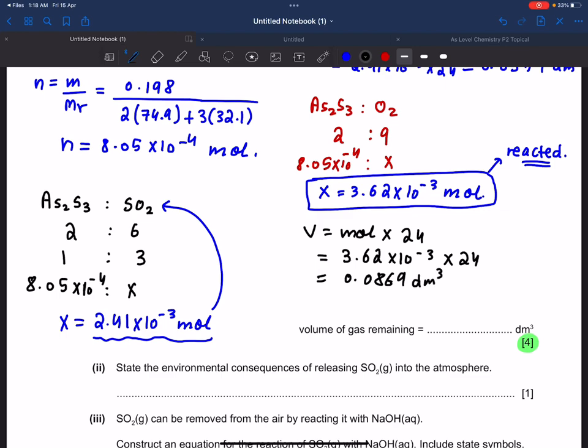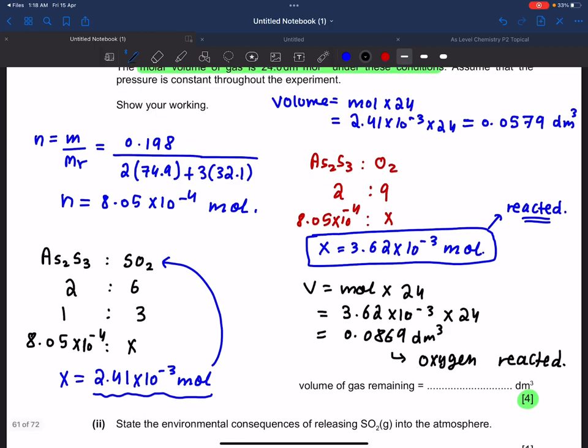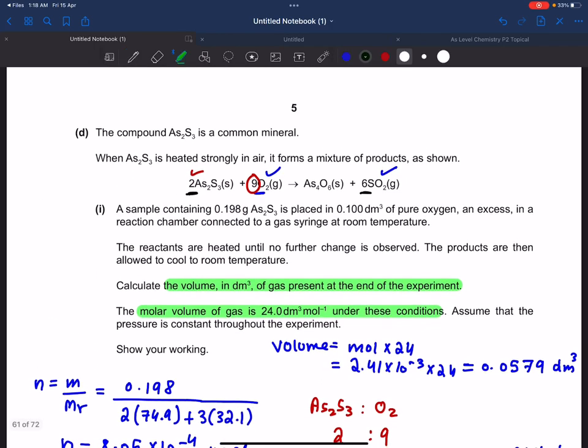This is your answer for the volume of oxygen reacted. So how much oxygen is remaining? This was the volume of oxygen, do you remember that? So how much oxygen is left?